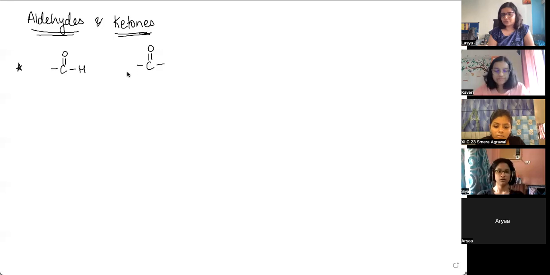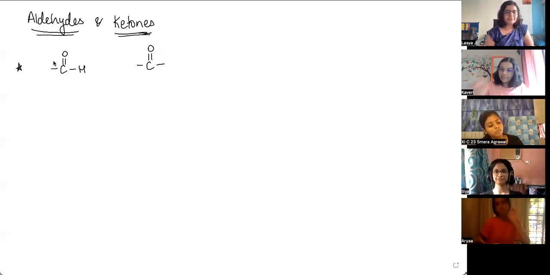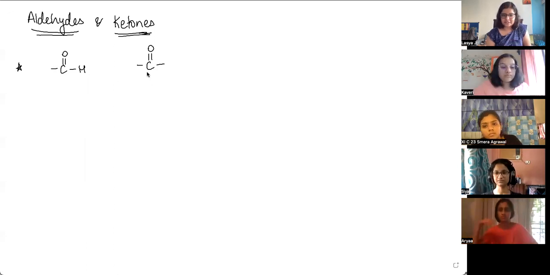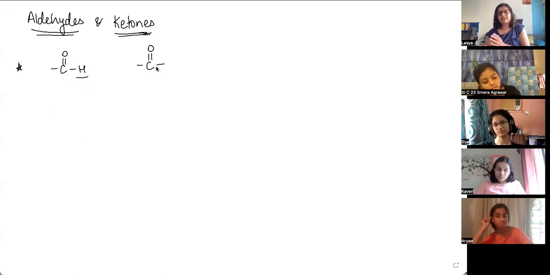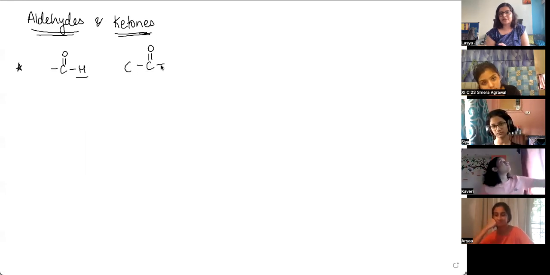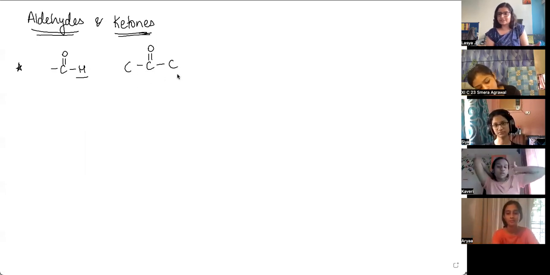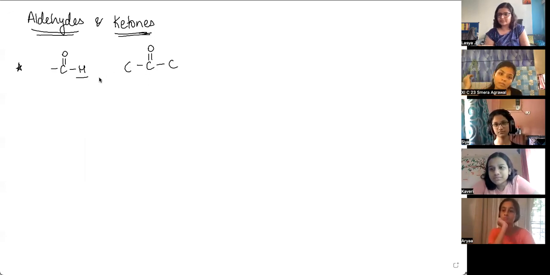Just C double bond O. So functionally, they are pretty much 90% the same functional group, which is C double bond O. So when it is attached at the corner of the hydrocarbon chain, you get an aldehyde where the last atom is a hydrogen. When it's in the middle of the chain with carbon on both ends, what you get is a ketone. That's the only difference between both, but otherwise they both are the same in all other aspects.